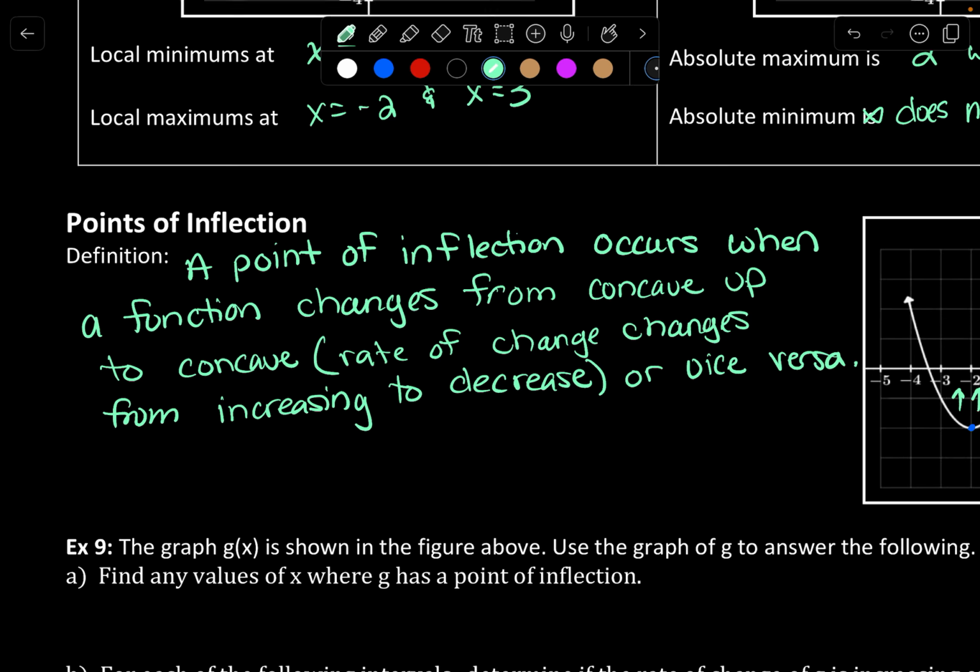And if you haven't heard of vice versa, that just means the other way it will also occur.